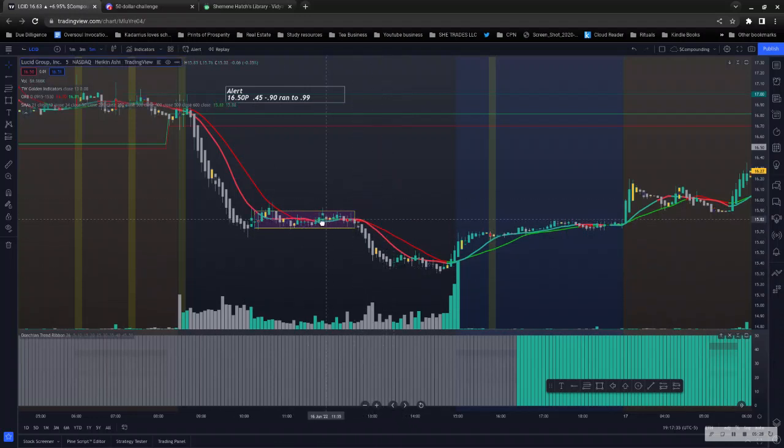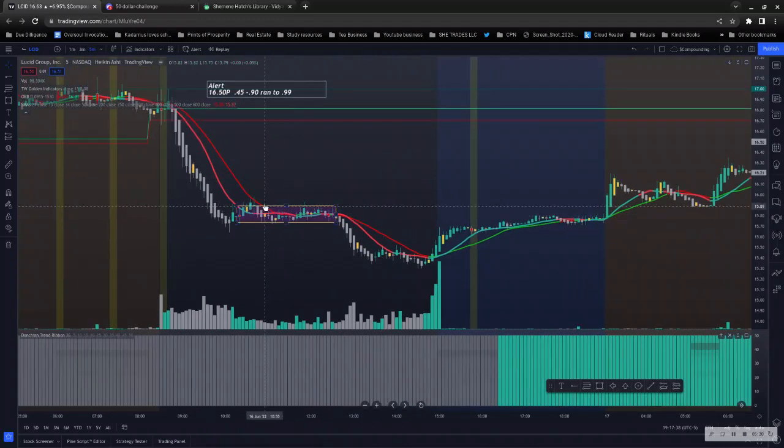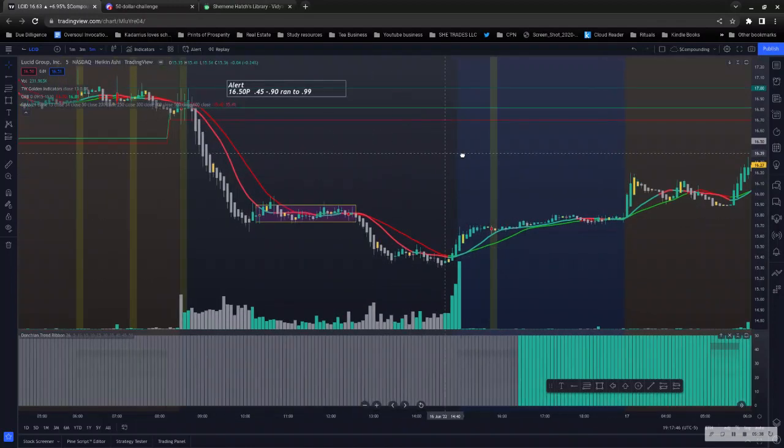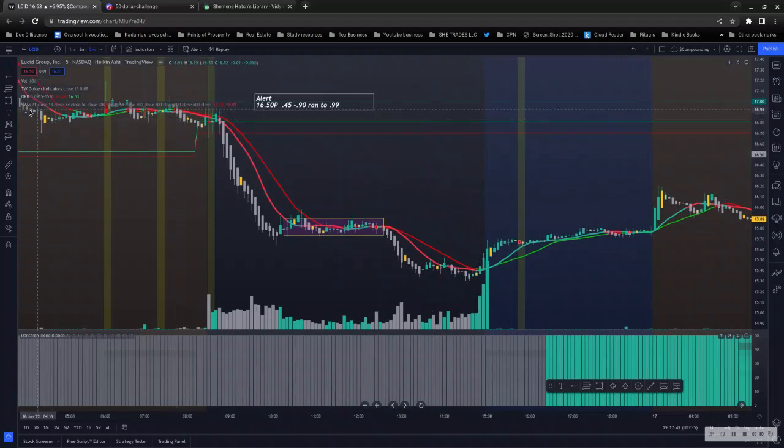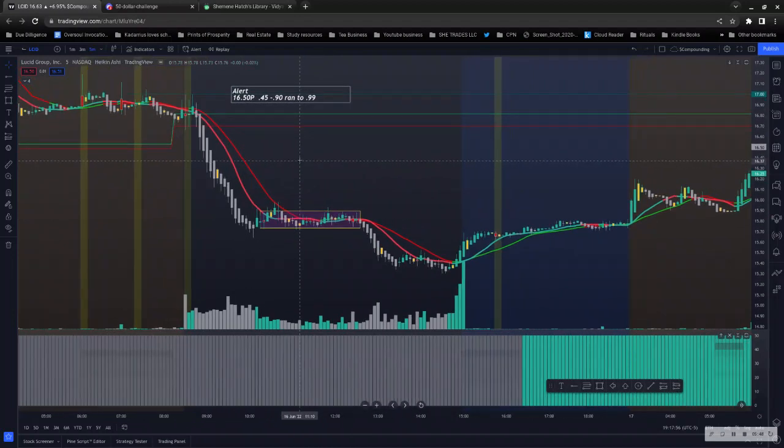But during this consolidation, a little theta decay happened. So 90 cents versus 99 cents, leaving 9 cents on the table is no real big issue. That's why I was alerting the exit at 90 cents. So that was about, I think, 100% return on that investment.